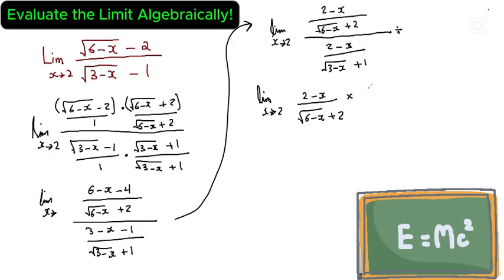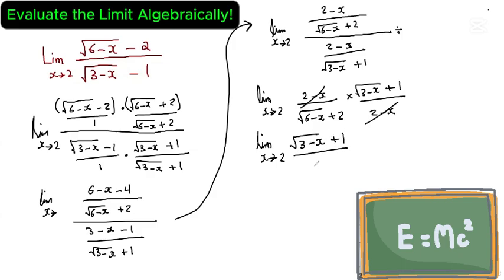We flip this, and this would be root 3 minus x plus 1 all over 2 minus x. Now the 2 minus x and the 2 minus x will cancel, so we'll end up with the limit as x goes to 2 of root 3 minus x plus 1 all over square root of 6 minus x plus 2.